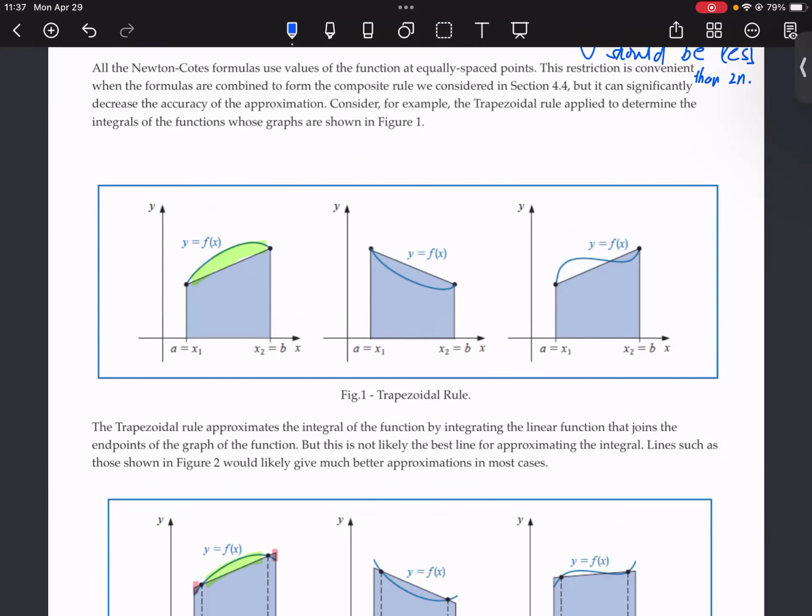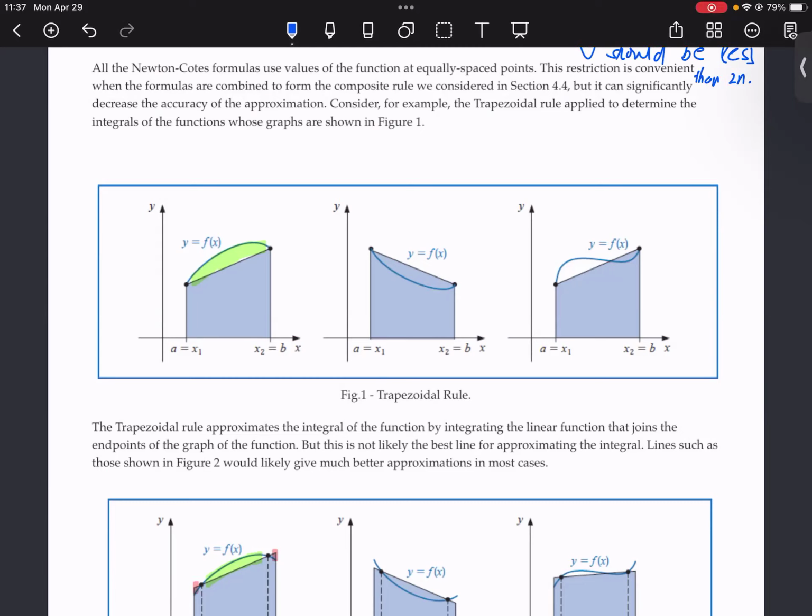Here I present the trapezoidal rule to approximate the integral of the function f(x). For the trapezoidal rule, we choose the left endpoint a and the right endpoint b as the nodal points.